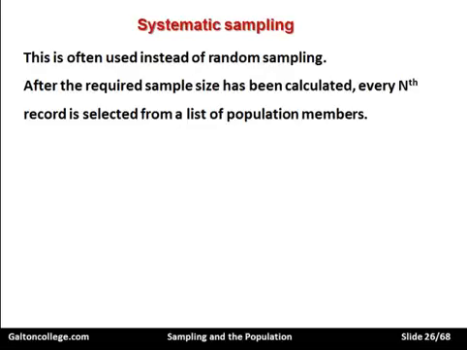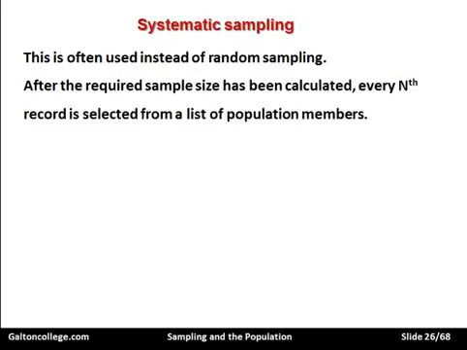So we're not doing everybody. We're not counting up everyone in the population. We're taking every, let's say, 10th person and asking that person their opinions, or looking at every 10th item. If it's looking at the population of industrial output, taking every 10th car that comes off the production line and testing it for quality. Taking every 100th car that comes off the production line and testing it for quality.